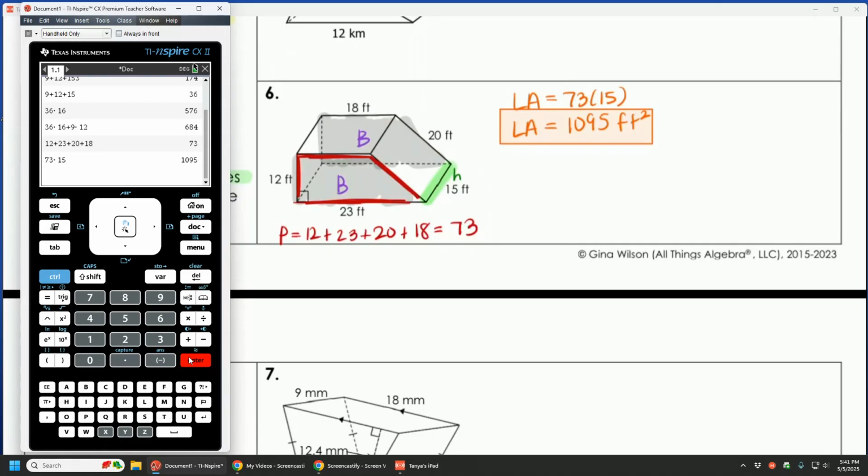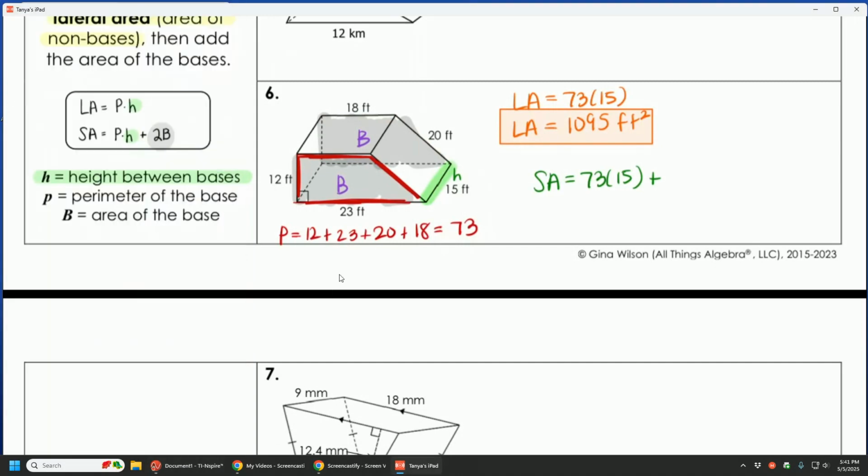Okay, and then let's do surface area. So for SA, I still need perimeter times height. So I'm going to rewrite that 73 times 15. But now it says plus 2 capital B. So 2.